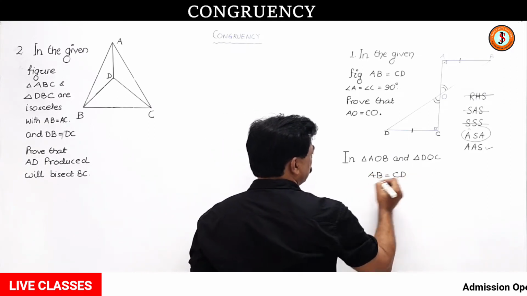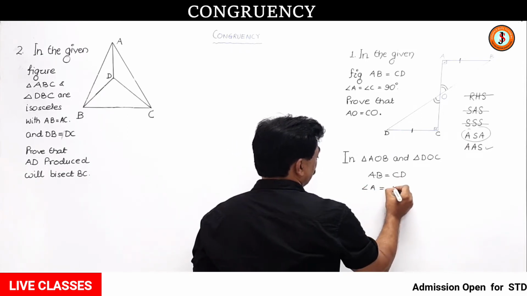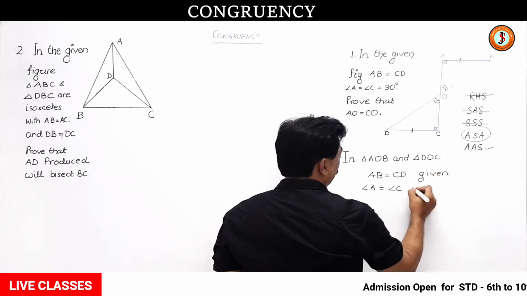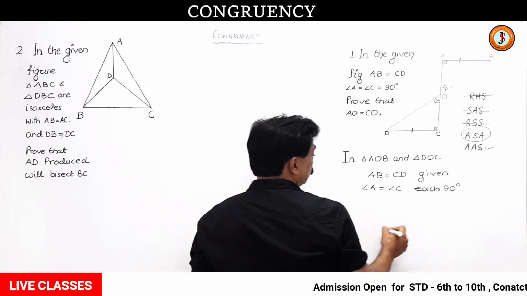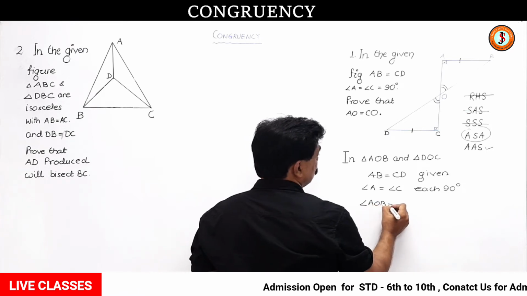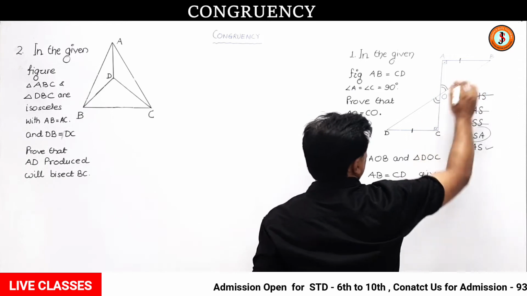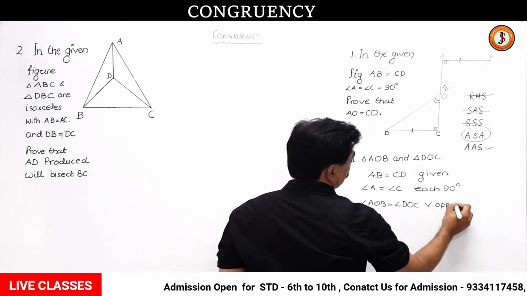Now angle A is equal to angle C, this is given, each 90 degrees. Now also angle AOB is equal to angle DOC, vertically opposite angles.